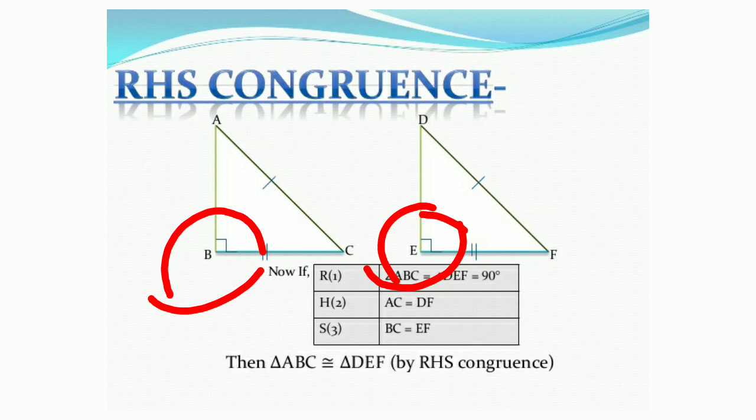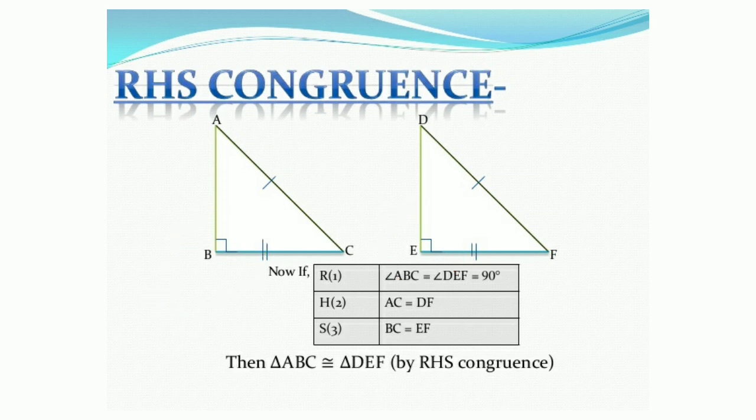See the picture. Angle B equals angle E, 90 degrees, BC equals EF, and hypotenuse AC and DF are also equal. So we can say triangle ABC is congruent to triangle DEF by the RHS congruence rule.